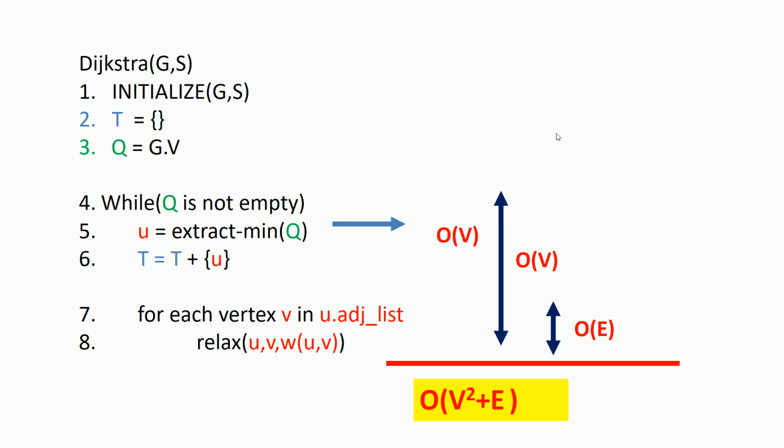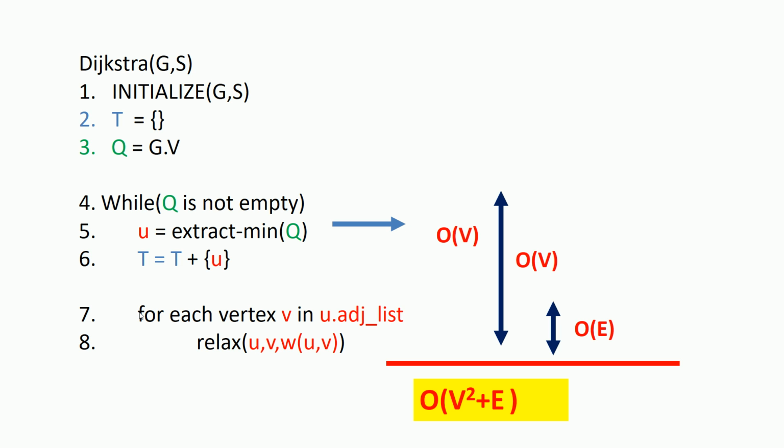Now let's analyze the runtime of this pseudocode considering the queue is a linked list data structure. To extract the minimum of a linked list, we have to run through all the elements in the linked list, which means one extract min function call will take time proportional to the number of vertices in our linked list data structure. And the for loop in lines 7 and 8 does nothing but run through all the edges in our graph.